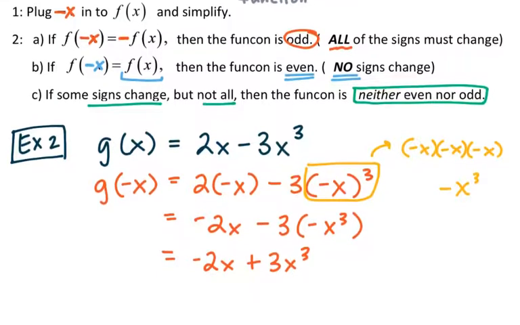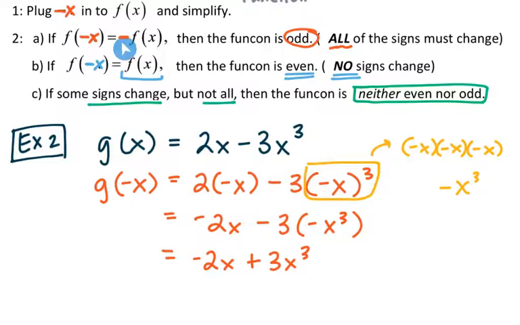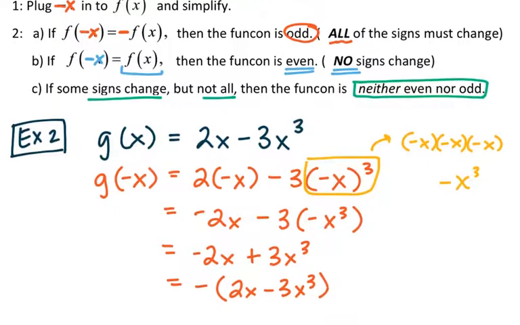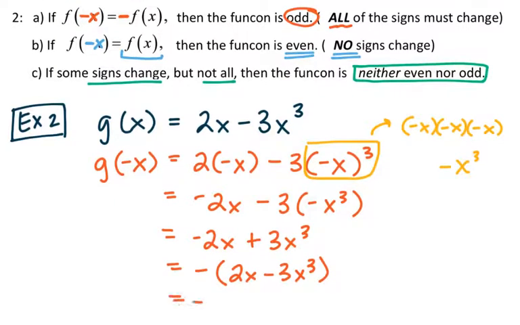Another way we could think about this, to make it look more like our definition, is to factor out a negative 1. That leaves me with 2x minus 3x cubed, or in a sense, negative the original function. In this case, that's negative g of x.